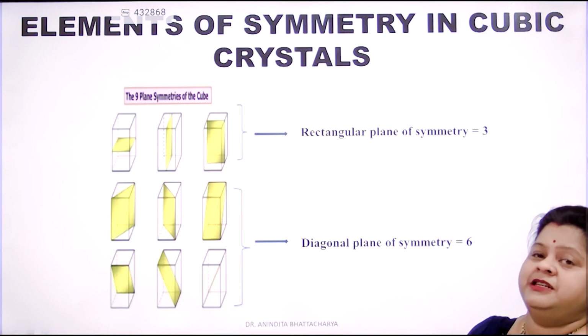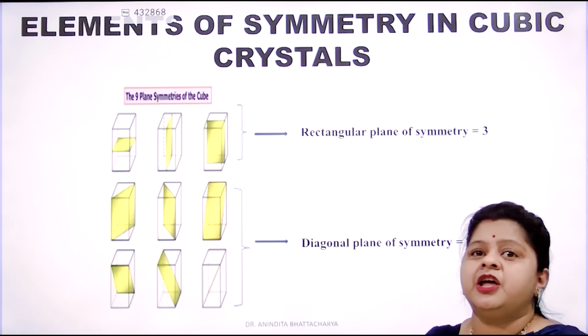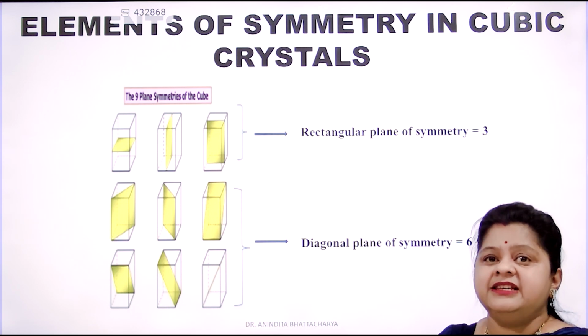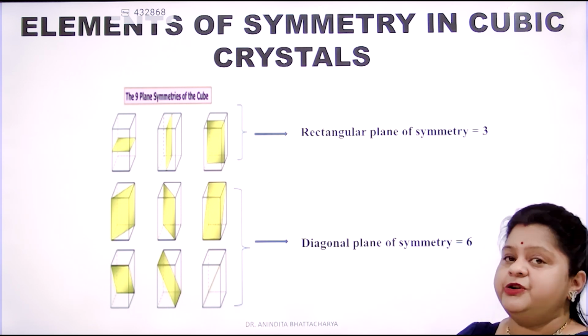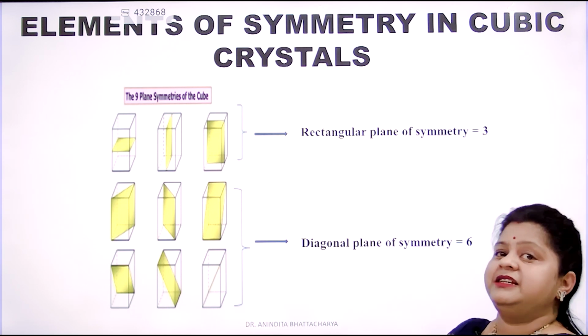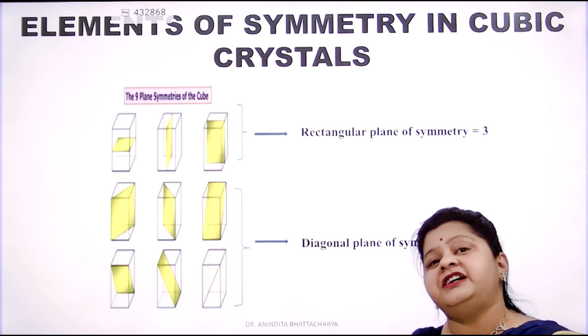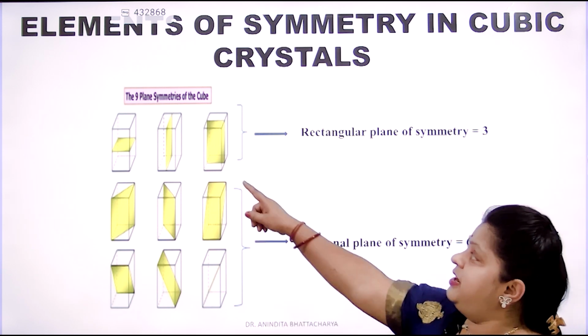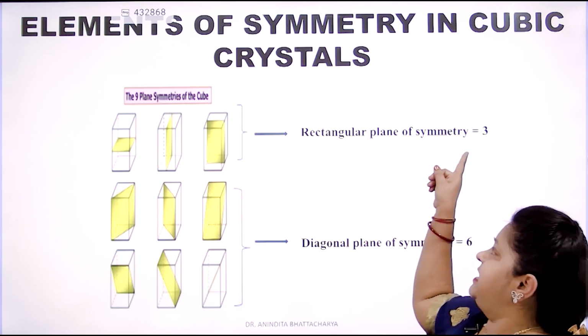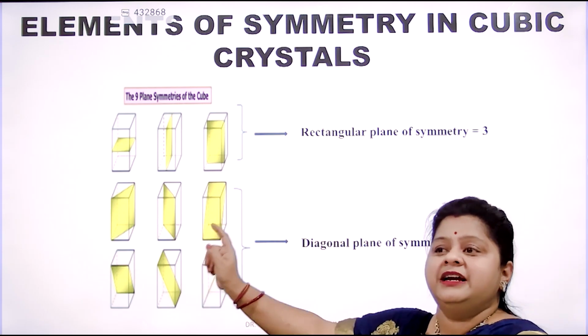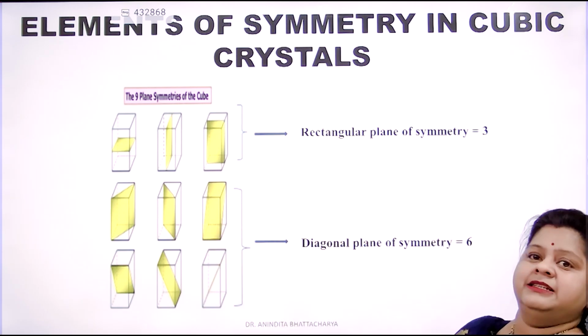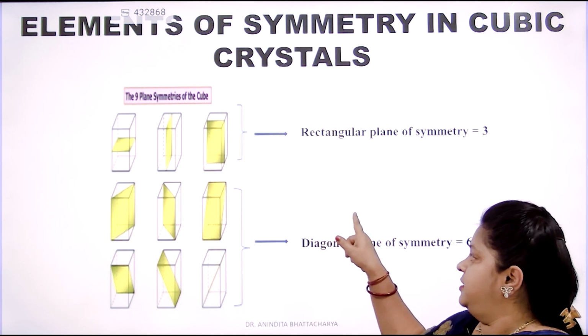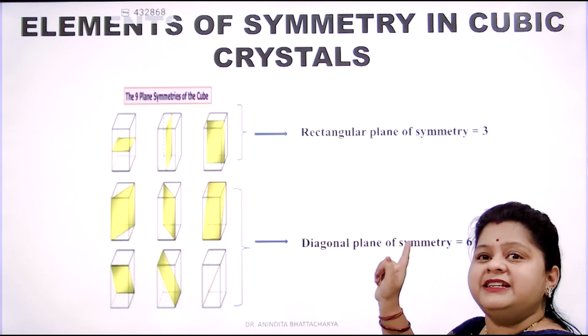These are the planes of symmetry which a cubic crystal is possessing. I told you there are 2 kinds of planes. One is the rectangular plane and the other is the diagonal plane. And you can very well see rectangular planes are 3, whereas diagonal planes are 6. So that makes it 3 plus 6, 9.